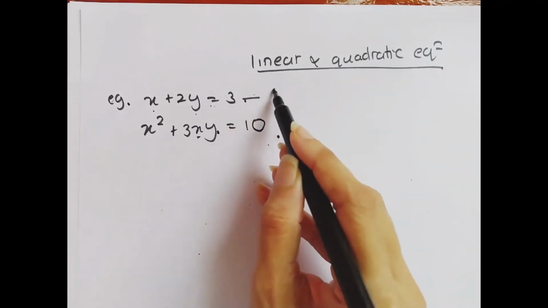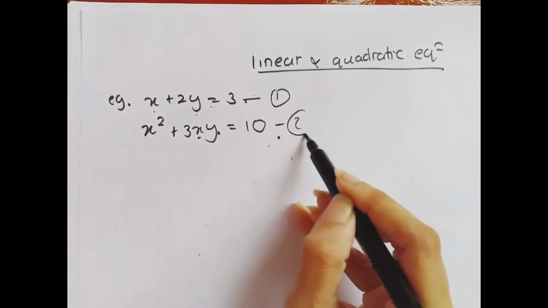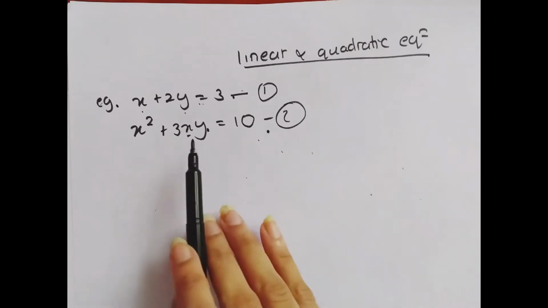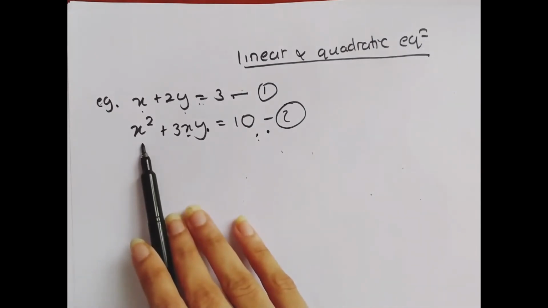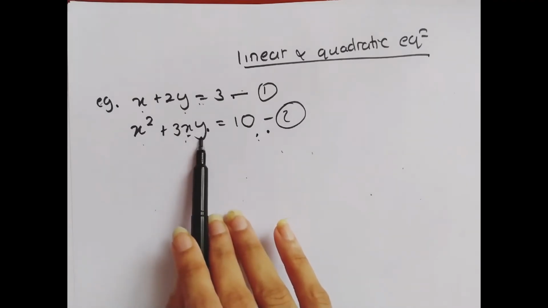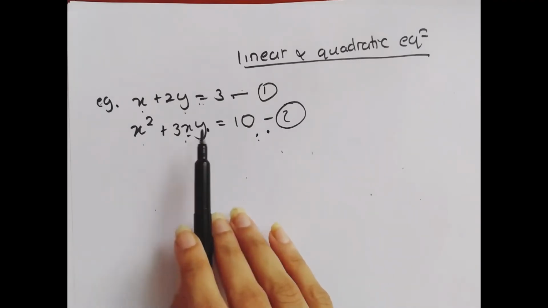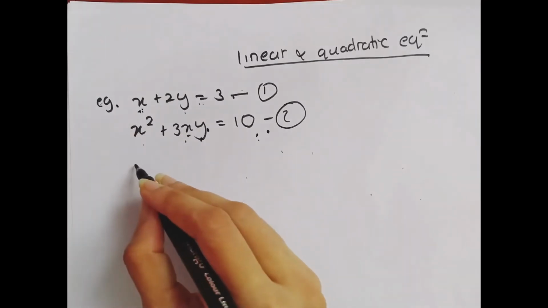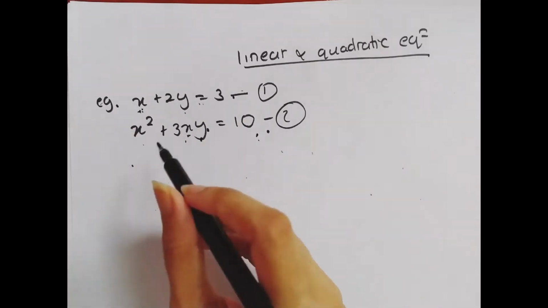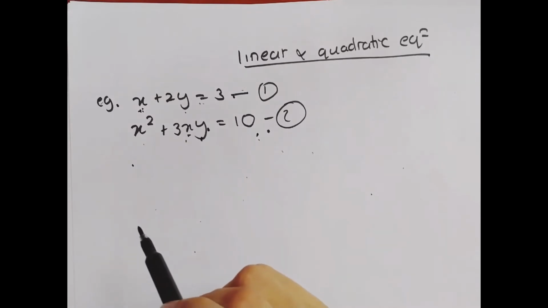Now let's make this one equation 1 and this one equation 2. It's hard to do substitution with the second equation. Why? Because there is x squared here and this is with xy both. So you will make x the subject here, or else you can make y the subject.